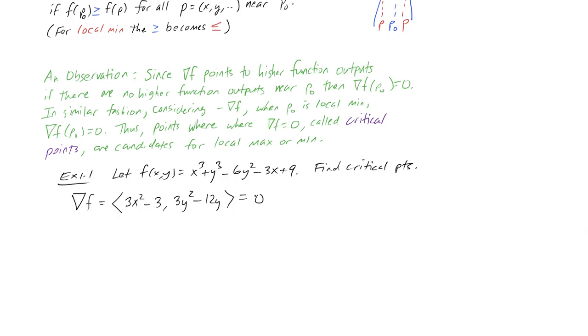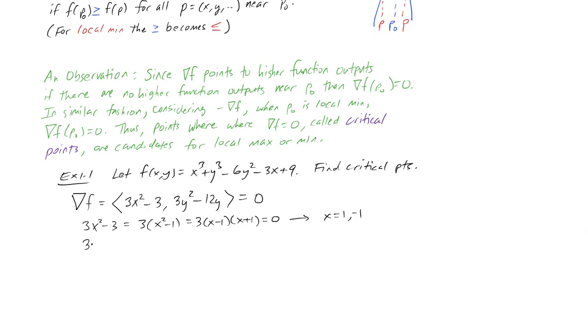And this is going to be 0, so this implies that each of these pieces is 0. I'm going to factor this piece. So this is 3 times x minus 1, x plus 1 equals 0. So that implies that x is 1 or negative 1.